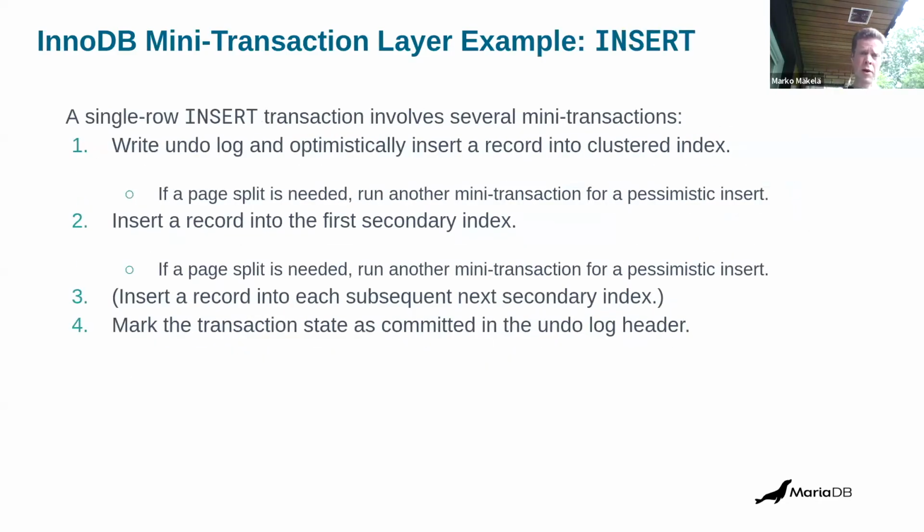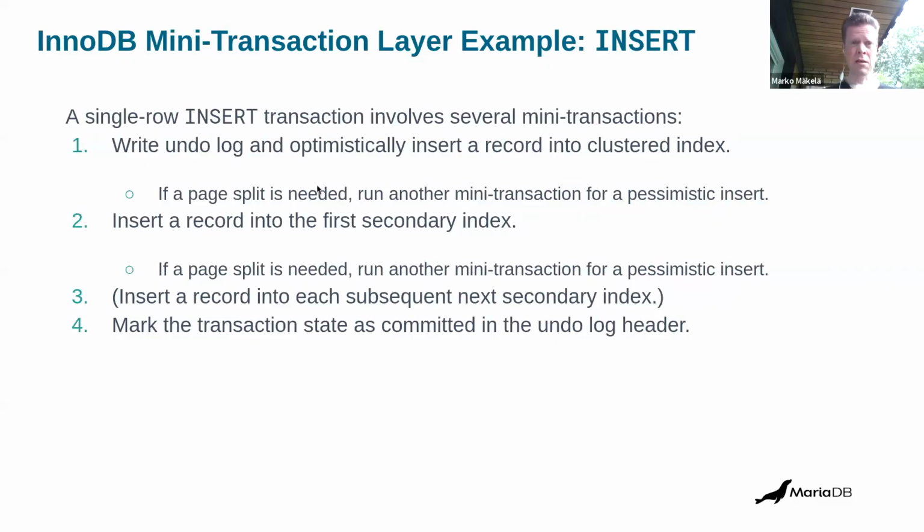So an insert operation, even if we have a single row insert transaction, will necessarily involve at least two mini transactions. One mini transaction to write the undo log record for inserting the record, and then optimistically inserting the record into the clustered index. And then we would have a separate mini transaction to mark the user transaction as committed in the undo log header.